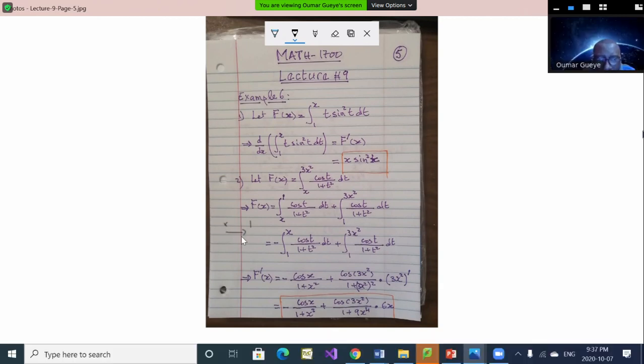But when you switch, it's not the same as going from 1 to X. Now, if you want to stay in the same direction, you have to multiply with -1 in order to change the direction and stay in the same one. Okay? And we've seen the property yesterday. Integral from B to A is equal to minus integral from A to B.